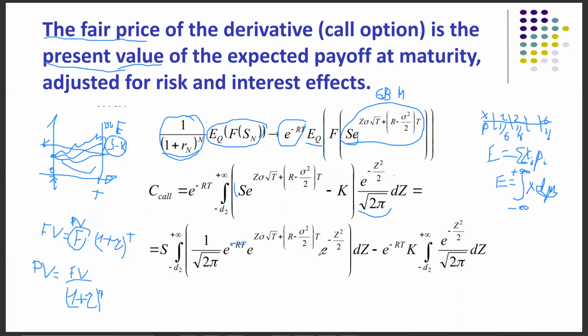And what do we see? We have e to the power sigma square root of T times z, rT minus rT we don't have, minus sigma squared T divided by 2, and minus z squared divided by 2.